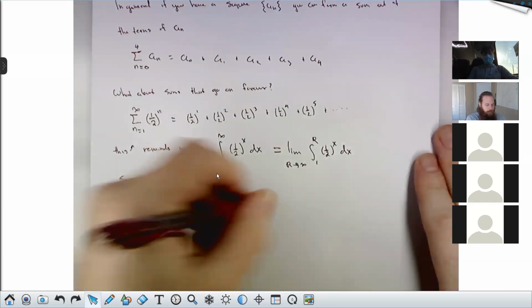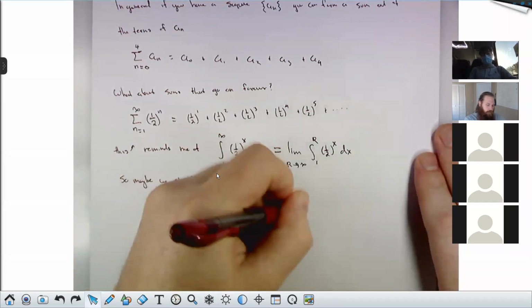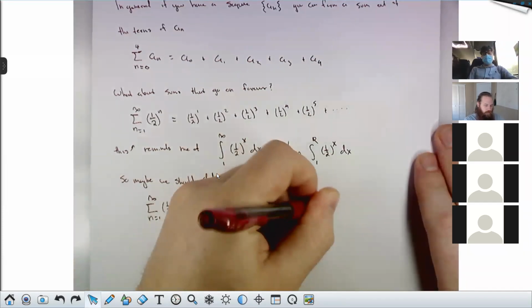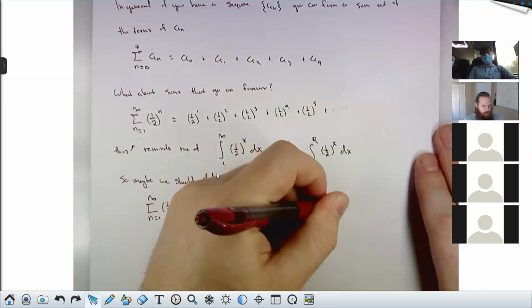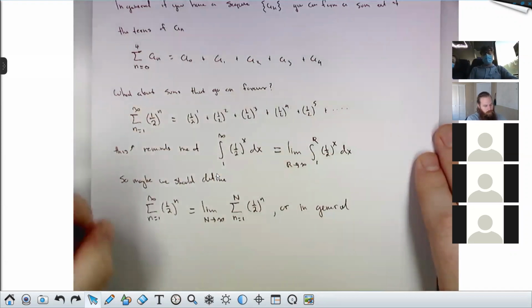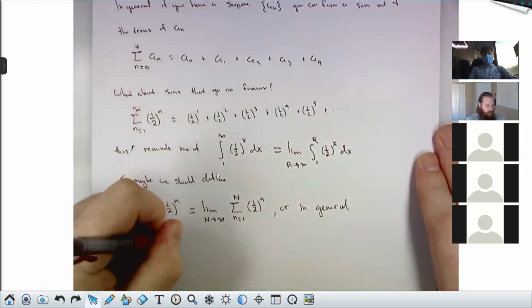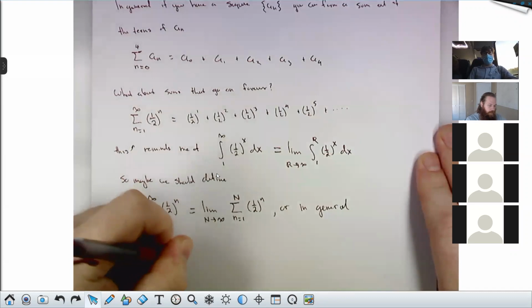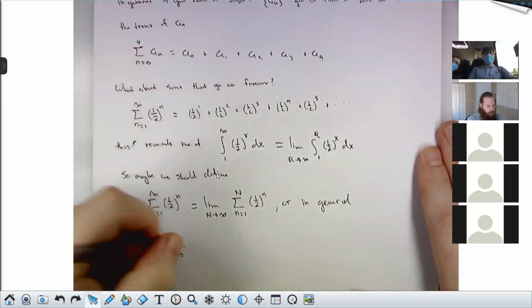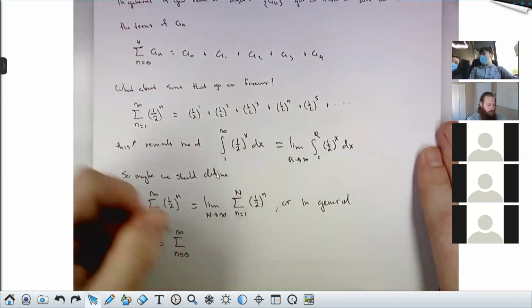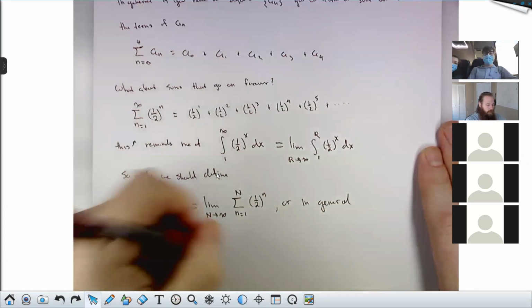Or in general, and here comes the definition of an infinite series. If I have an infinite series, I'm going to call it S, the sum from n equals 1 or 2 or 0 or wherever. I'll say from 0 to infinity of a_n.